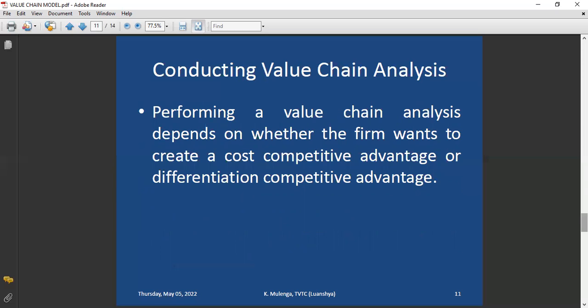Now, what does it mean to say conducting a value chain analysis? Performing a value chain analysis depends on whether the firm wants to create a cost competitive advantage or a differentiation competitive advantage. In other words, there are two ways to compete. We can compete using the cost leadership competitive strategy, which is all about being the least cost producer in the industry, or we can compete using differentiation, meaning we are different.